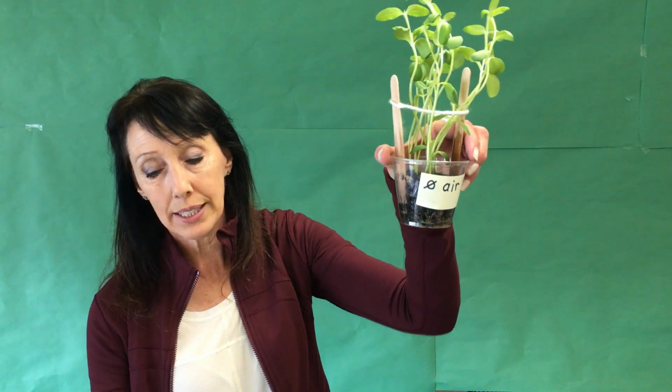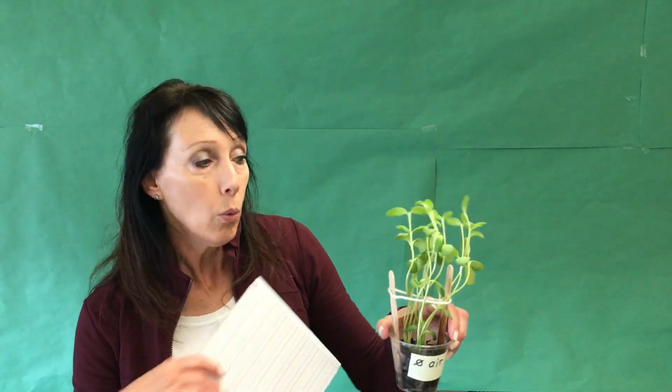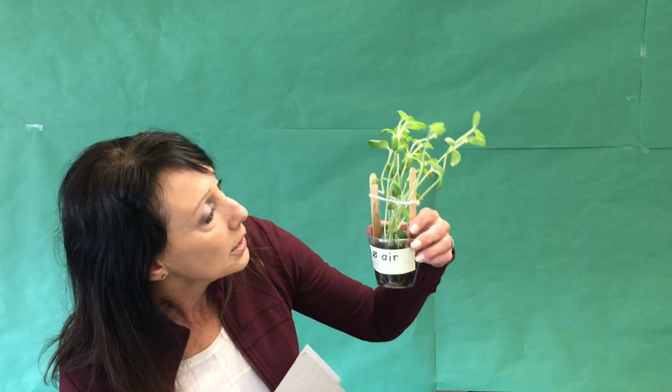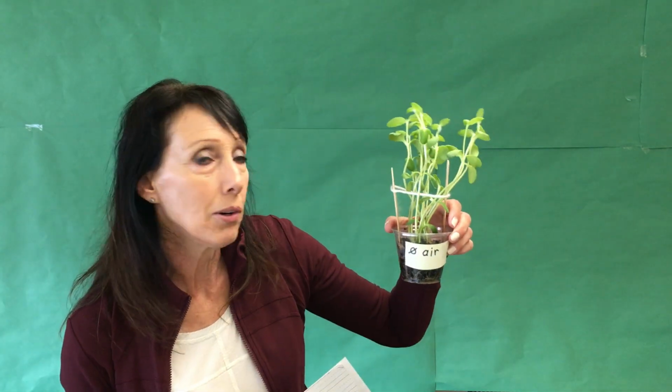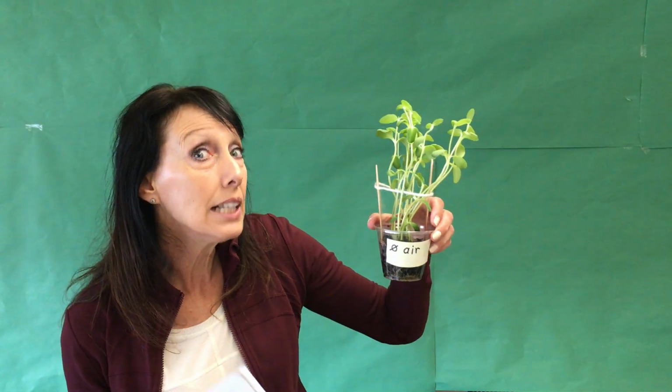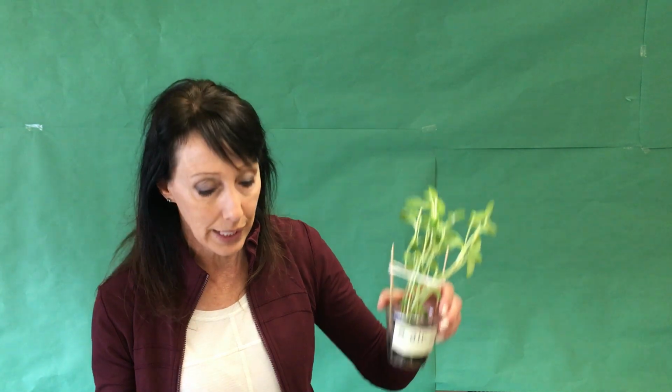And then what part makes the food for the plant? We talked about that. Here's a nice green guy. All right, that would be the leaves. And which one makes seeds for the plants? Well, now this one, they're not fully mature yet, so by the end of the summer, these will have those pretty flowers that we call sunflowers, and we know inside those will be seeds. So that would be the flowers. And then which one again holds up the plant?